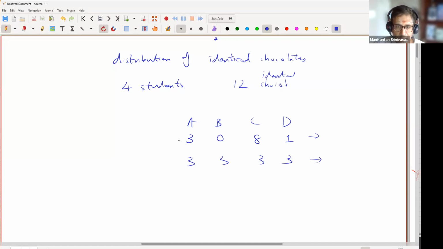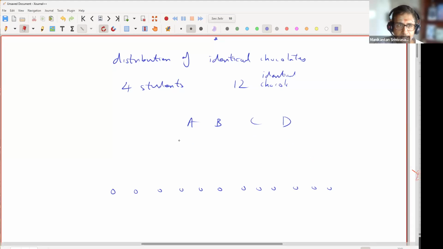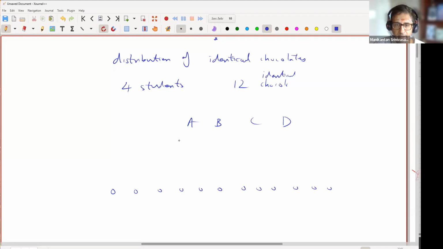The standard way of tackling this question is using what people call bars and dots. Let me draw a picture. There are 12 of them. So these are the identical looking chocolates. As far as the teacher is concerned, A, B, C, D are waiting. All he has to do is create 4 partitions, for which he needs 3 sticks.